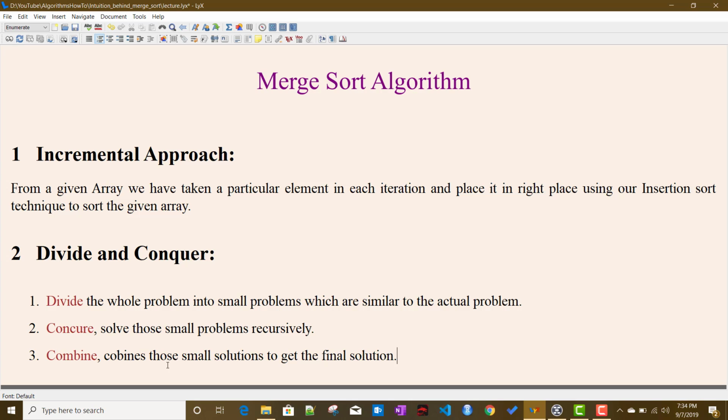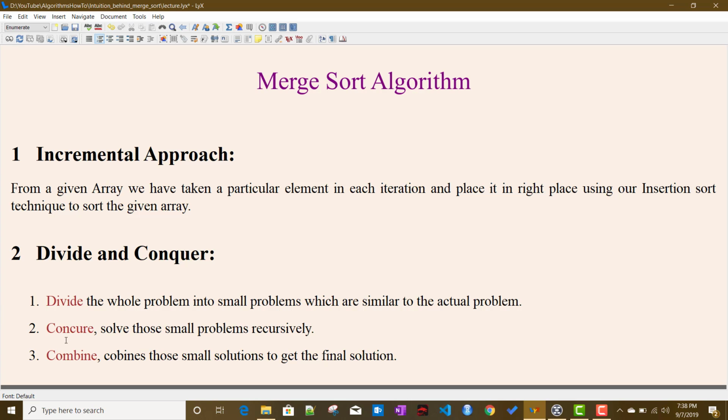So if I take a bird's eye view of divide and conquer, this is what happens over here. We basically divide the whole problem into small subproblems which are similar in nature.